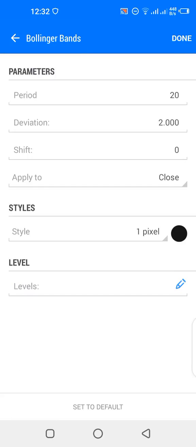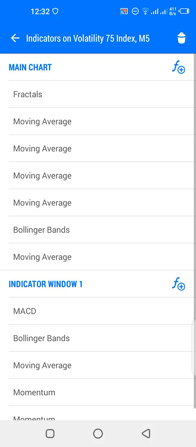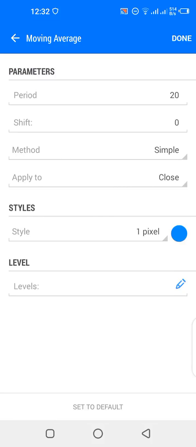Period is 20. Deviation is 2.0. Shift is 0. Apply to close and the color is black. Then lastly on the main chart I have 20 period simple moving average. Apply to close, the color is blue.